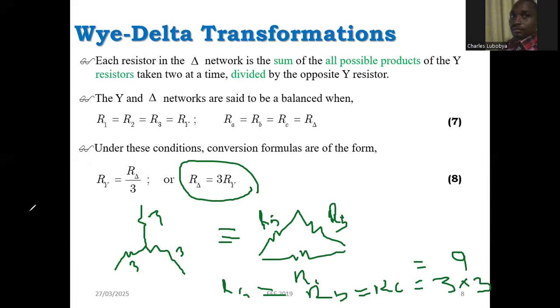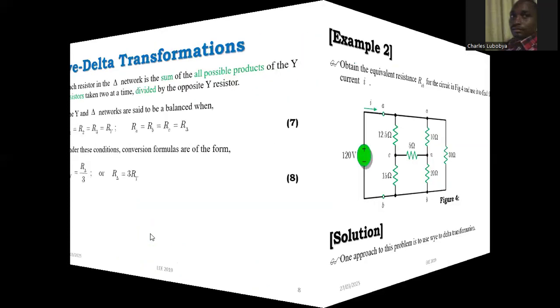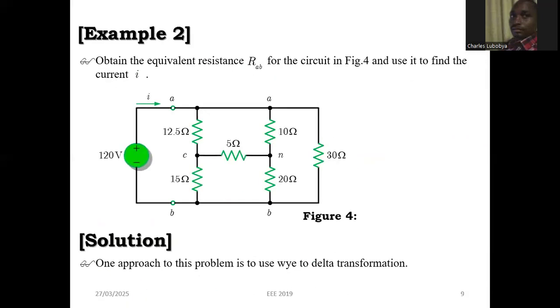So having understood this, let's now do a practical question where you have resistors connected in parallel, some in delta and some in star. How do you reduce it, or come up with equivalent resistance and calculate any other parameter such as current or voltage, depending on the nature of the question? So in figure 4, you have a 30 ohm resistor connected between terminal A and B, so it's in parallel.